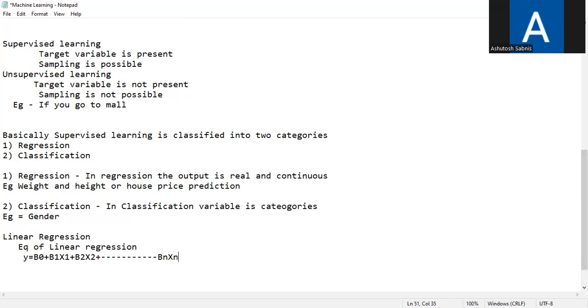In this, b0 is the intercept, Y is the dependent variable, b1, b2 are the coefficients for the independent variables, and x1, x2 are the values of the independent variables. Okay, so please note what I have just said.